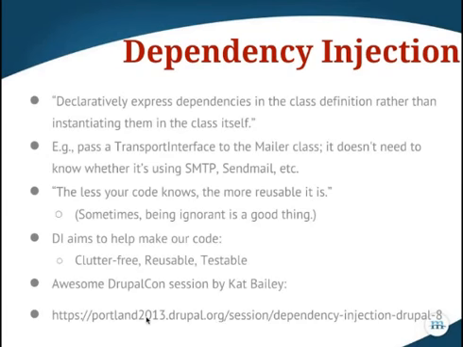And so with dependency injection, when you instantiate the mailer class, you would pass it the transport you want the mailer class to use, rather than creating that transport object inside of your class. And so the idea here is that the less your code knows, the more reusable it is. And Kat Bailey said that sometimes being ignorant is a good thing.